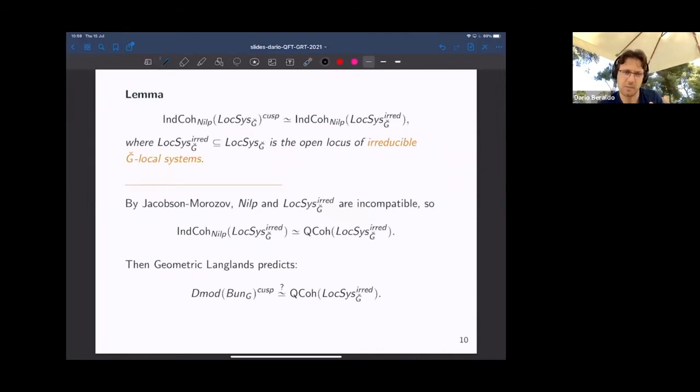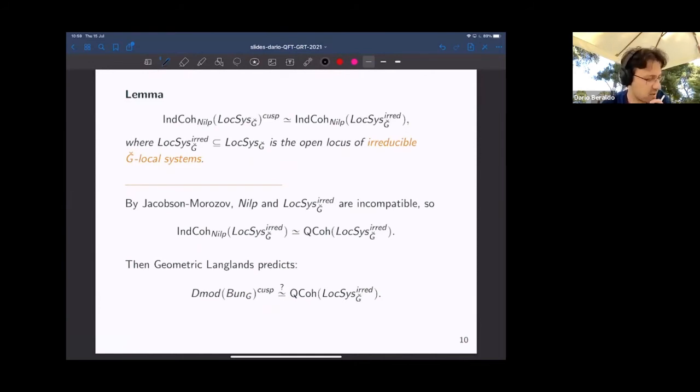So for example, for GLN, a local system is a vector bundle with a flat connection, and being irreducible means that there is no proper subbundle preserved by the flat connection. So that's what irreducible means for GLN. And that's what we get by an easy calculation.